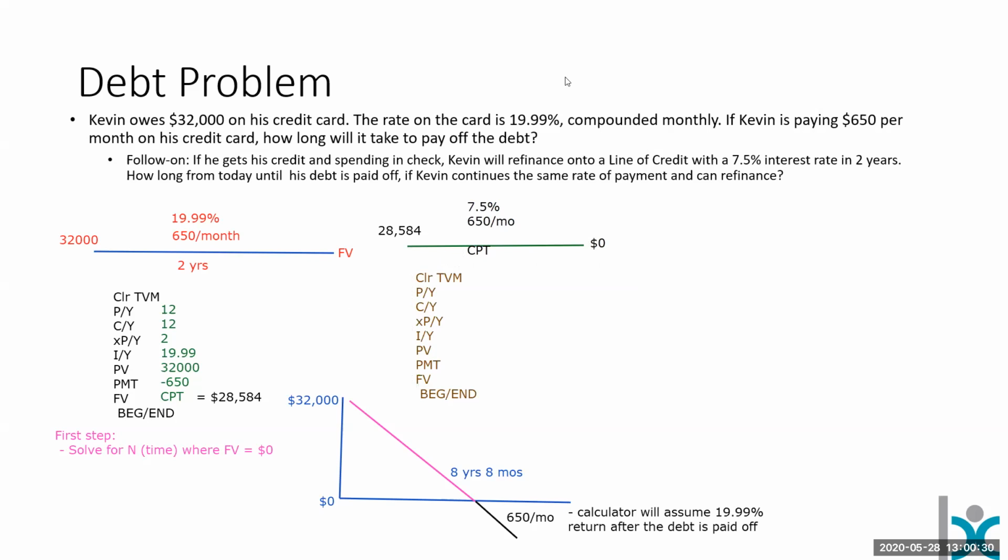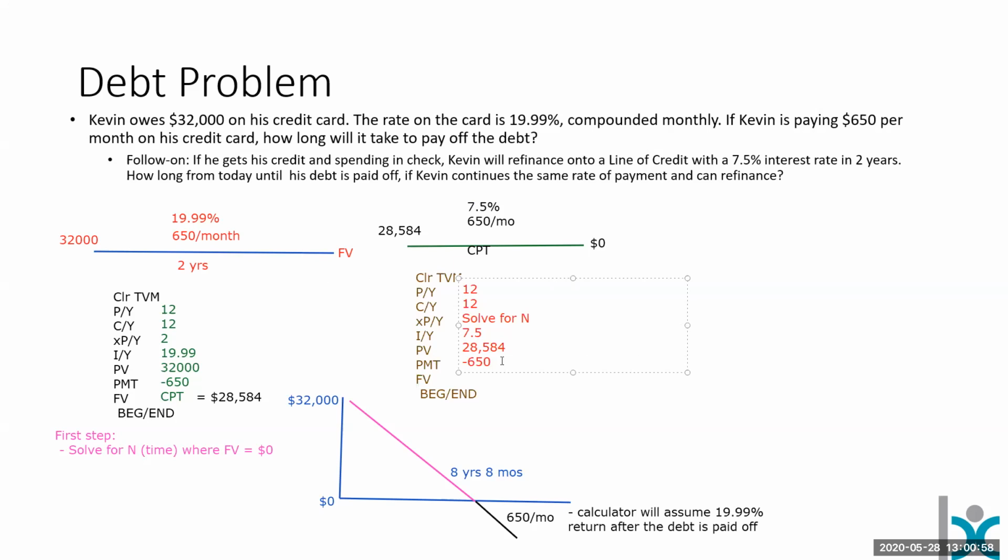Okay, so now we can go through. PY and CY again are going to be 12 times PY. We're going to solve for N. IY at 7.5. Present value is 28,584. Payment negative 650. Again, I have to get my positives and negatives in good standing here.